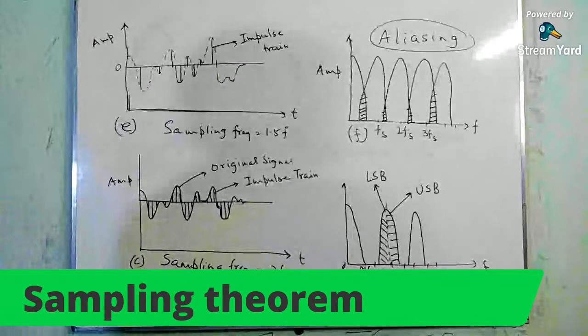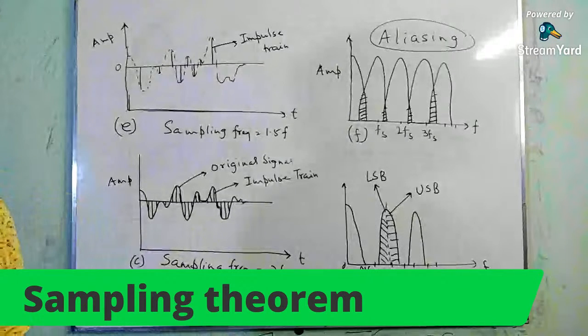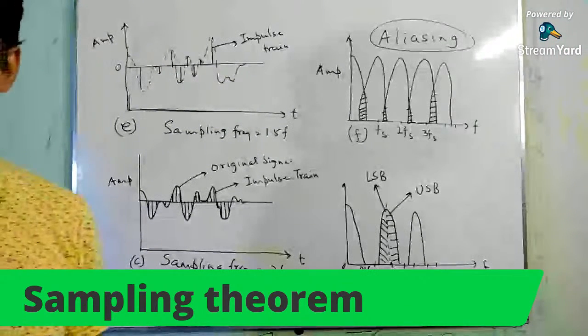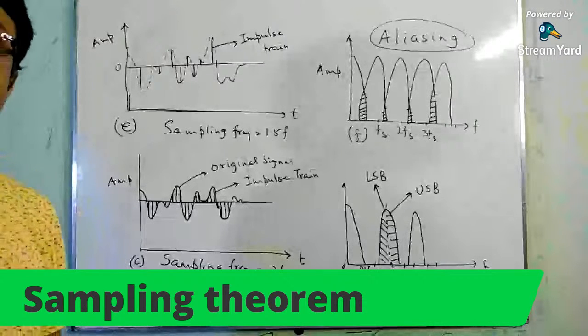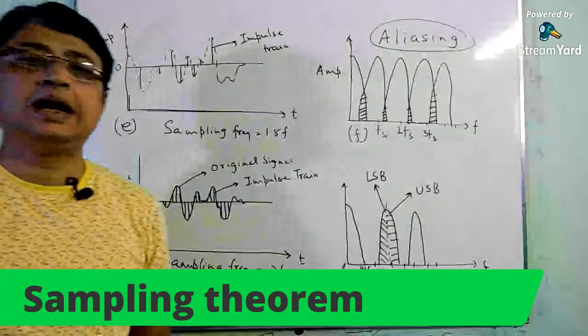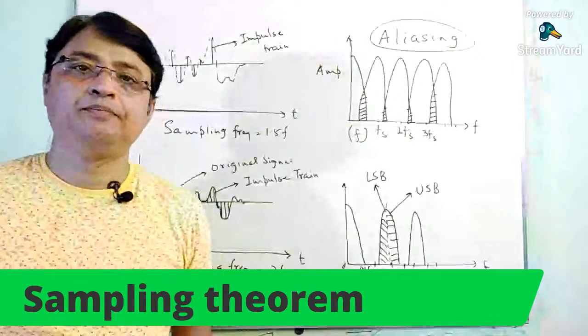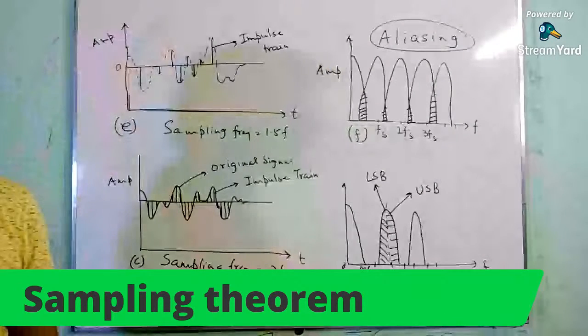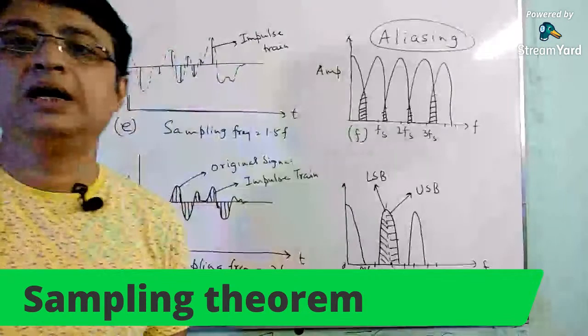So in this class, we have already talked about the sampling theorem, the sampling frequency, the Nyquist frequency, the Nyquist rate, and lastly the occurrence of the aliasing effect.